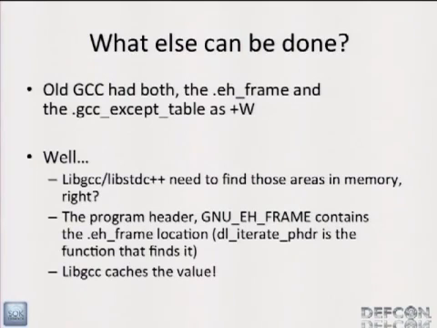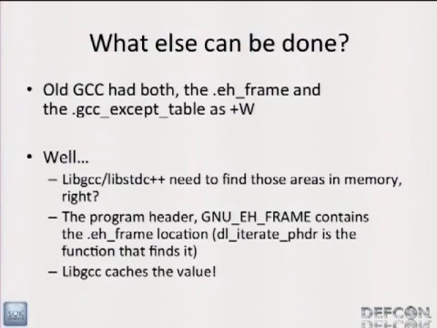We know that the libGCC that is inserted in the target program needs to find the exception table in memory anyway, right? So we know it's located there. We also know that the EH frame location is included in the frame header. So it uses the dl_iterate_phdr function to actually locate it, and it's located somewhere in the target program's memory.